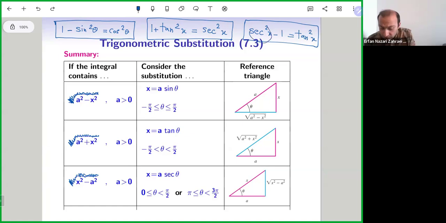So if I have something squared minus 1, that something is good to be taken as secant, and I can use this equation to write it in terms of tangent. So if I have something squared minus constant, I use the secant substitution. That's the idea behind them.